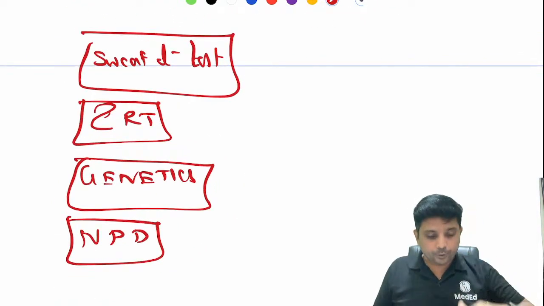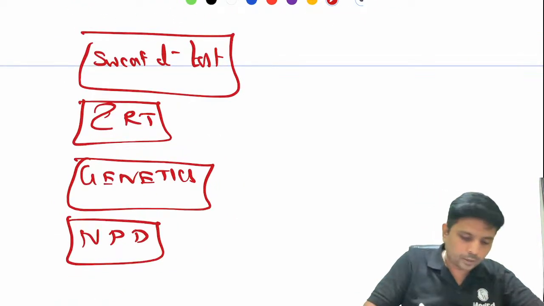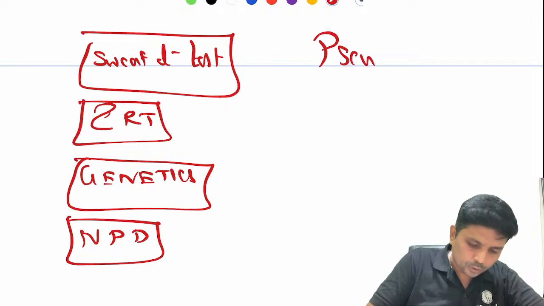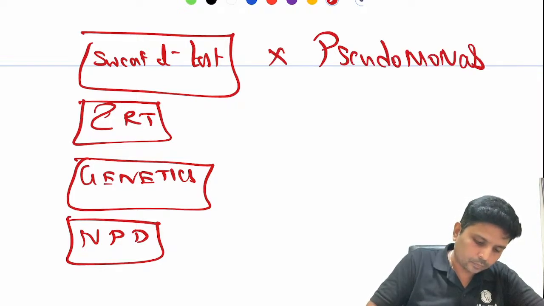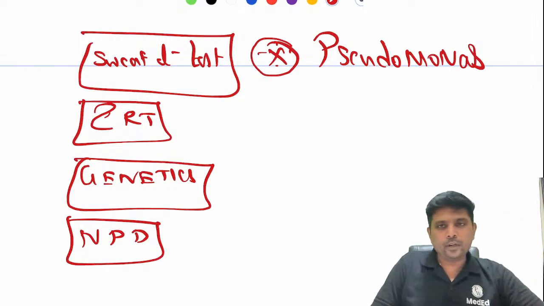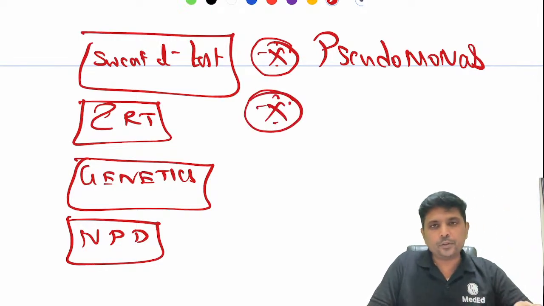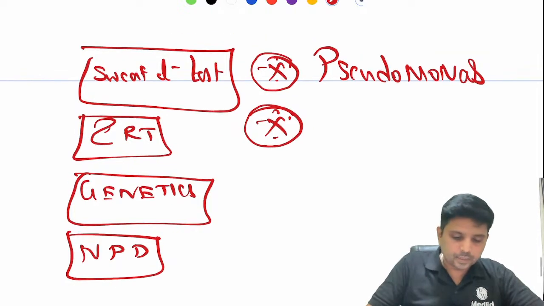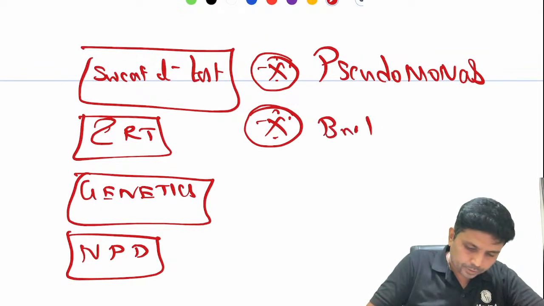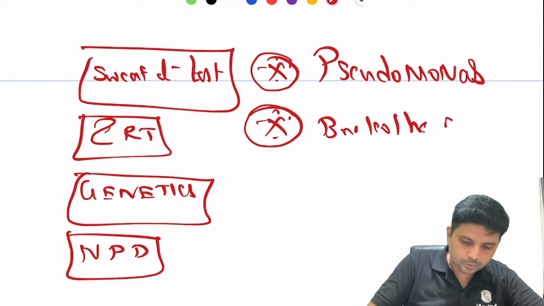Cystic fibrosis patients are notorious for two things. One is Pseudomonas. Another is Burkholderia cepacia.